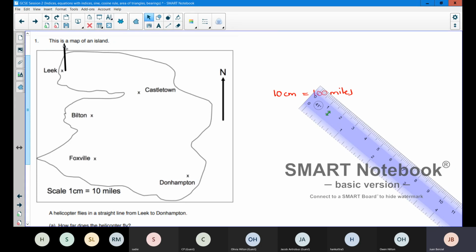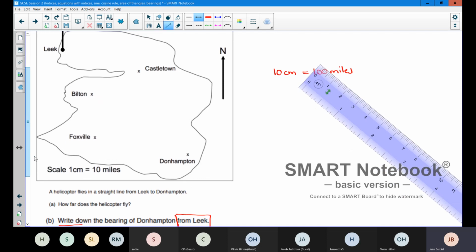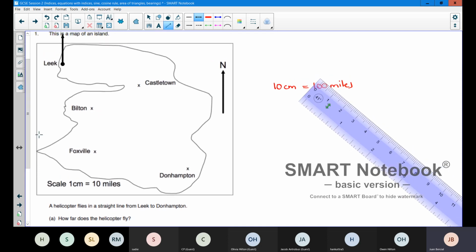It's not very vertical, so let me just draw a vertical arrow there. Okay, so that is the north, and then we want the bearing from Leek of Dumphampton.